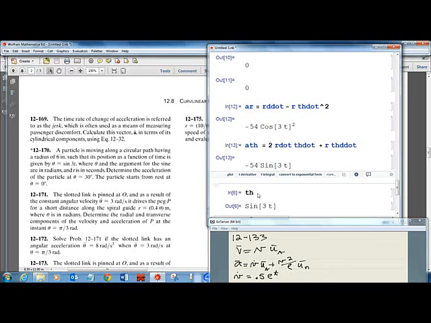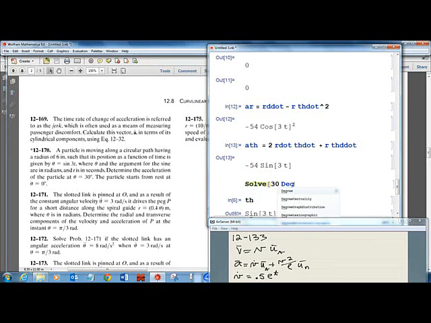Okay, I know theta. Theta is 30 degrees. So I'm going to say, all right, solve 30 degrees equals sine of 3t. What do you want to solve for? T?